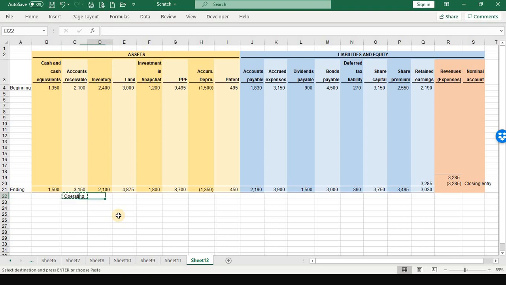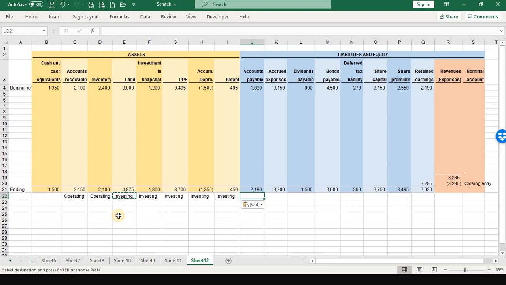For inventory, this is also under the operating activity. However, the land, since this is a non-current asset, will be classified under the investing activity together with the investment in Snapchat, the PPE, and its related contra asset account, which is the accumulated depreciation, as well as the patent. So these are all non-current accounts.